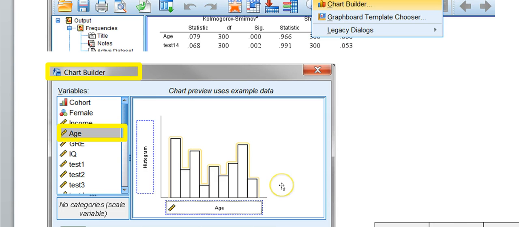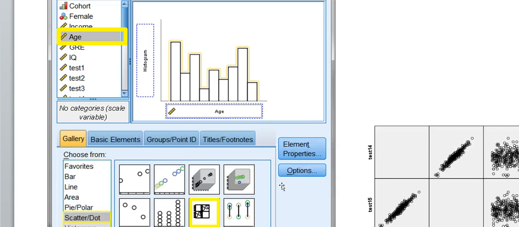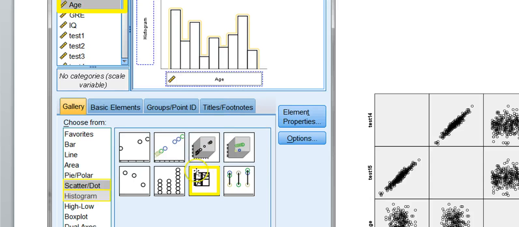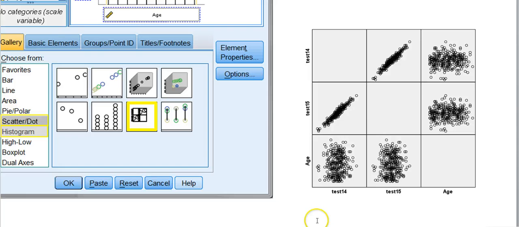You can also, because we need scatter matrices, instead of selecting histogram, select the scatter dot box and select this one right here. And so instead of a bar graph here, you'll get a scatter matrix, and you will move the variables there one at a time that you want to be in the scatter matrix. In my case here, I included age, test 15, and test 14.